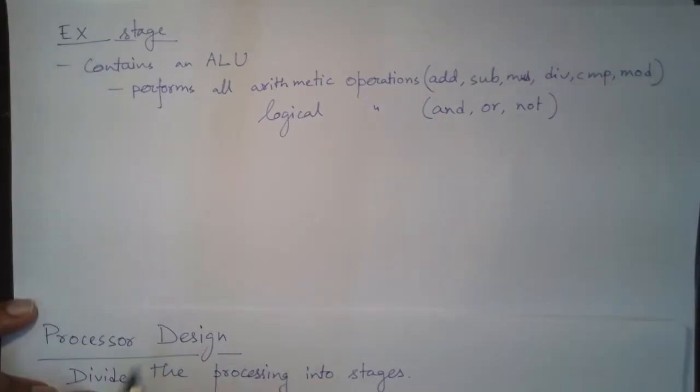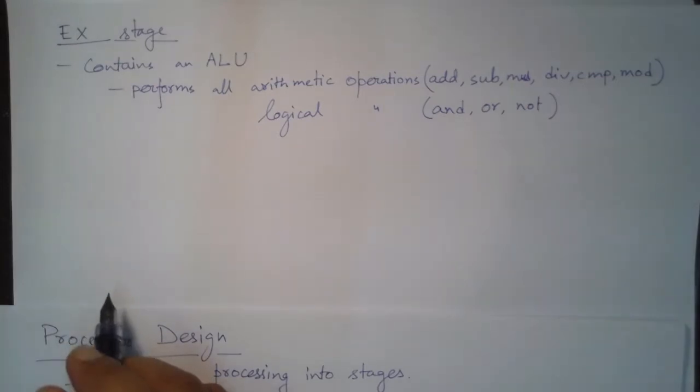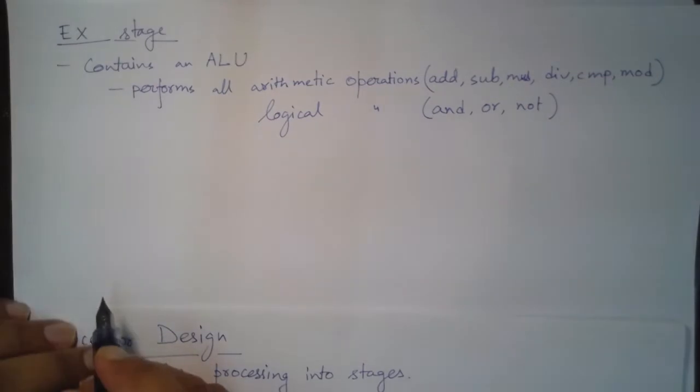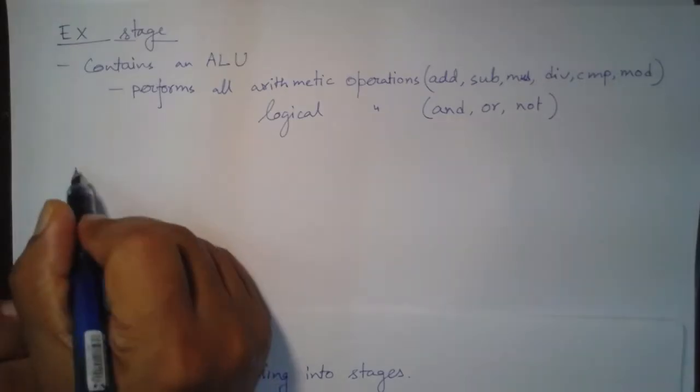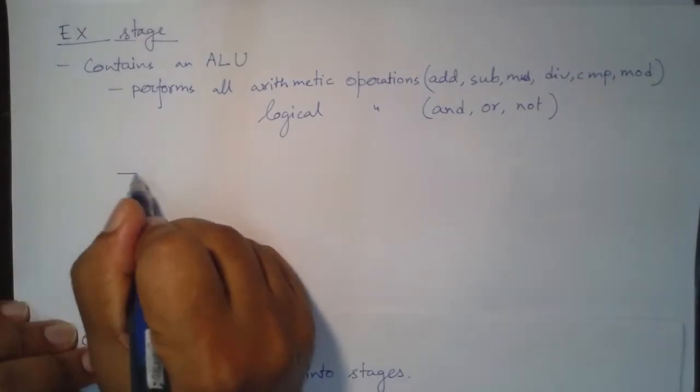It also contains a branch unit for computing the branch condition. For example, you remember there are conditional branch instructions like BGT or BEQ.